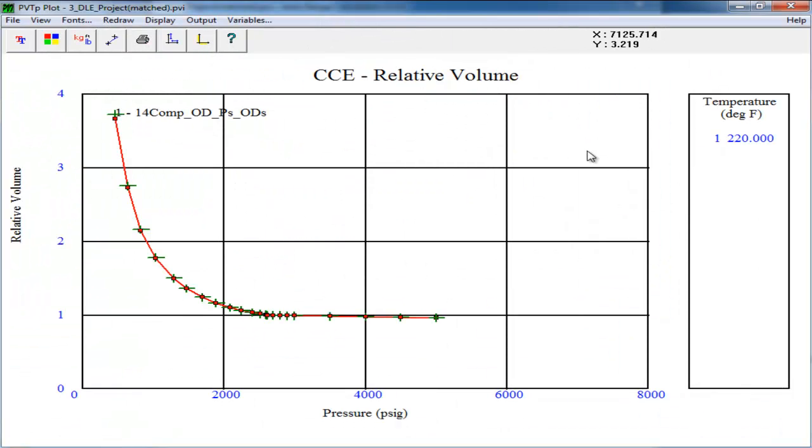When we show the calculated values, which is indicated here by the red line, with the measured values, which are indicated by green, we found that we were able to match exactly this part.